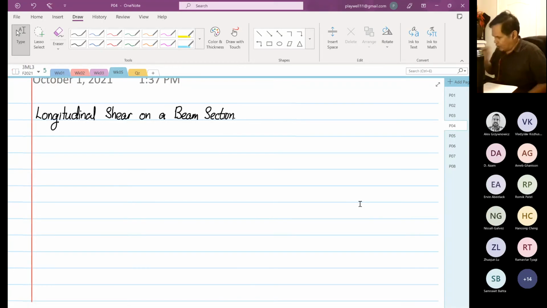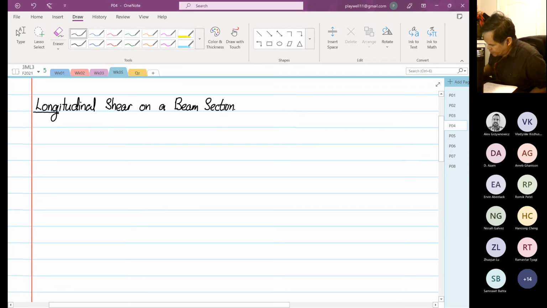Okay, so the next one is longitudinal shear in a beam section.